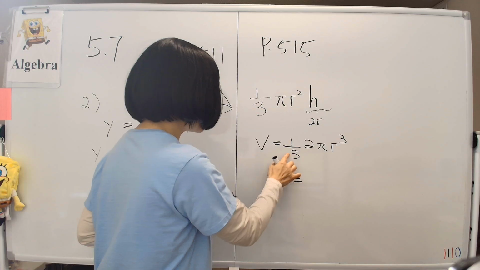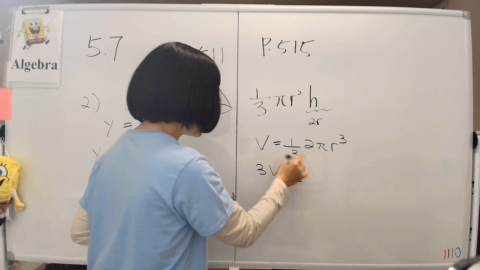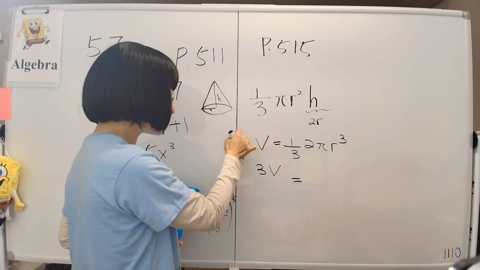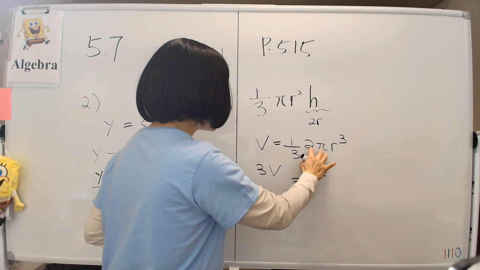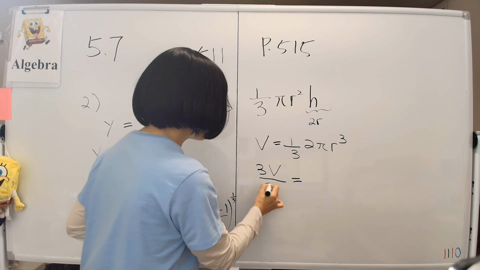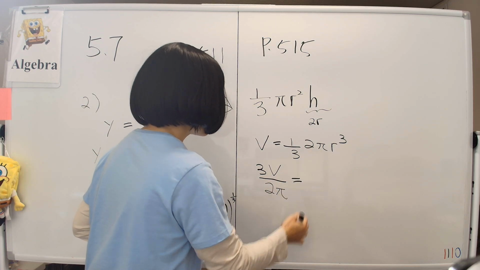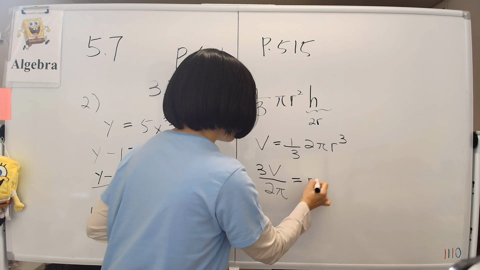First, we'll get rid of the 1/3 by multiplying both sides by 3, which cancels it out. Then the 2 pi moves across the equal sign down below the division line. This is also called cross multiplying. So that gives us r cubed.